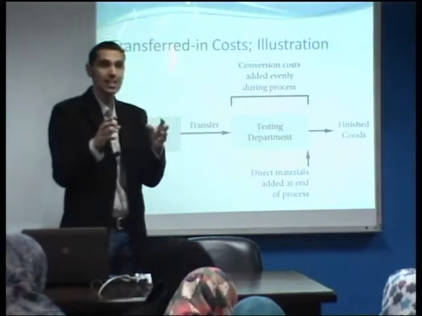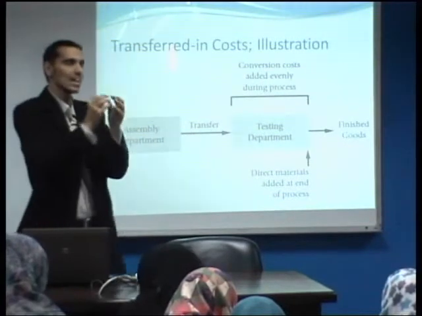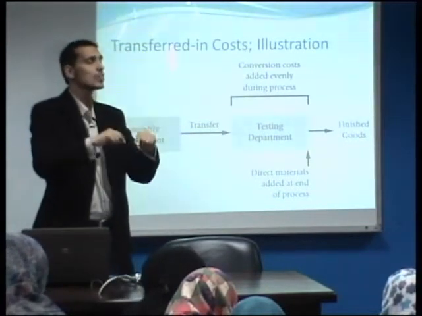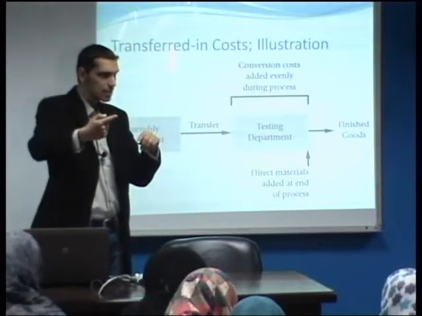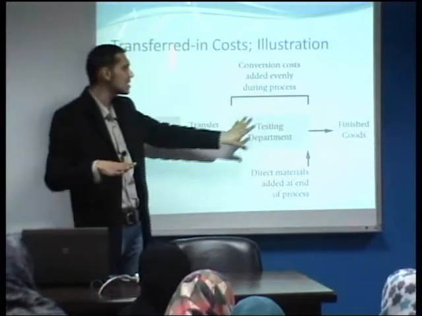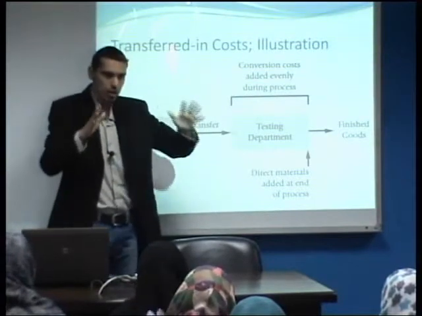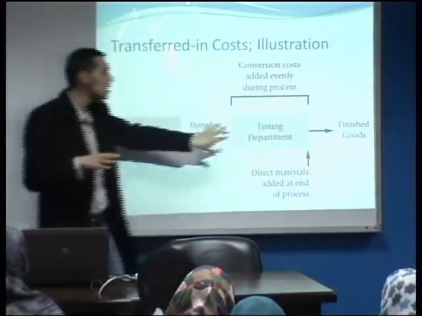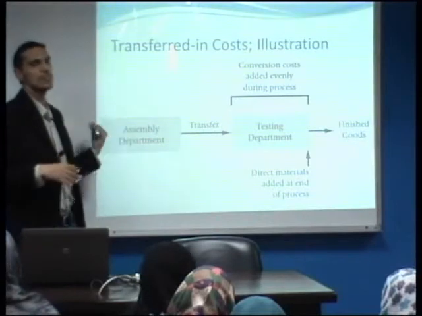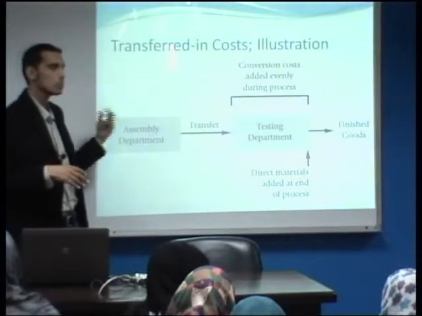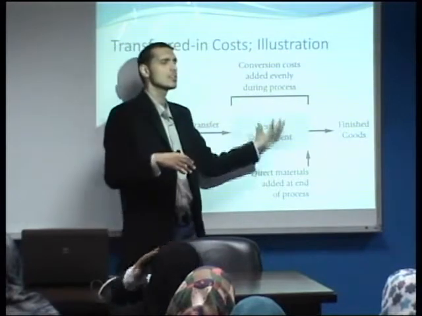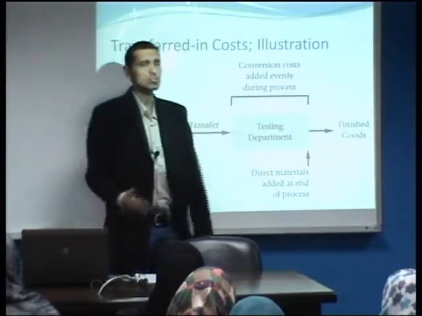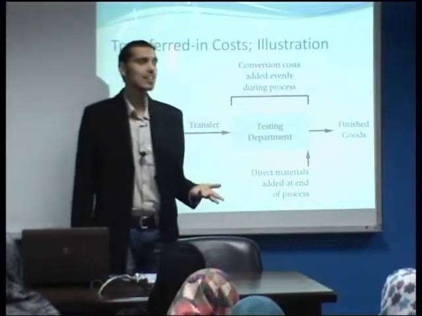And we said, according to process costing, we categorize costs according to when they are added to the production process. Now we are going to focus on the testing department, not the assembly department. We have finished focusing on the assembly department. Now, according to the testing department, what are the different categories that we are going to determine?